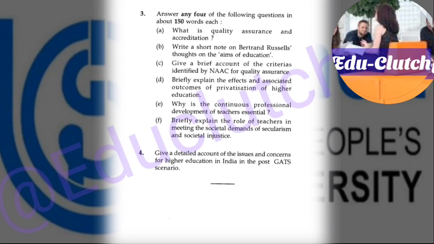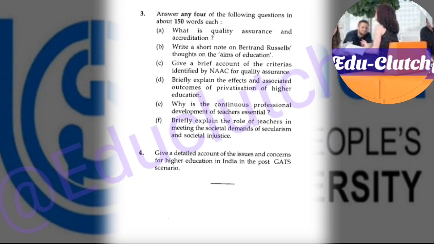Second is, write a short note on Bertrand Russell's thoughts on the aims of education. Third, give a brief account of the criteria identified by NAAC for quality assurance.